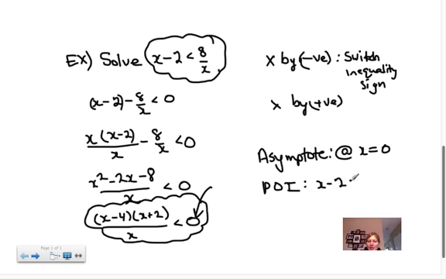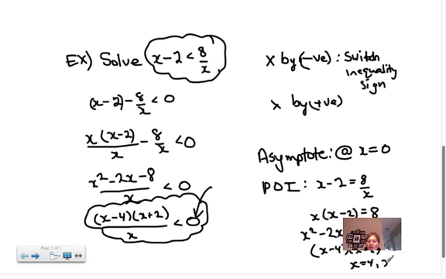So I'm going to have x minus 2 is equal to 8 over x. At this point, because there's no inequality sign here, I can multiply both sides by x. And so that's going to give me x times x minus 2 is equal to 8. And doing the math, it's going to give me x squared minus 2x minus 8 equals 0. So I have (x minus 4)(x plus 2) equals 0.